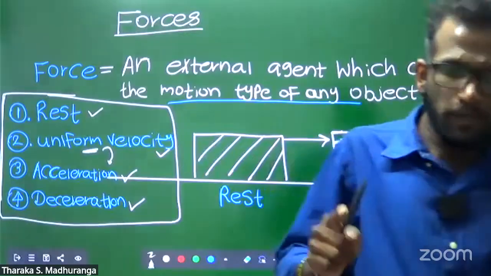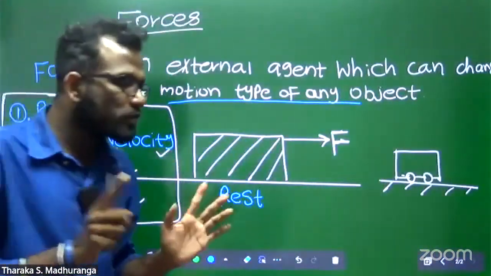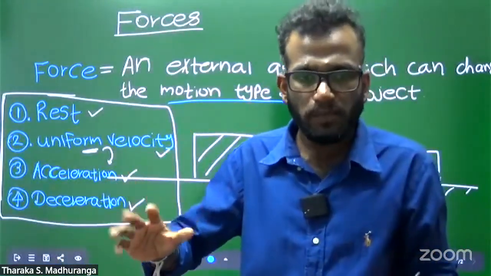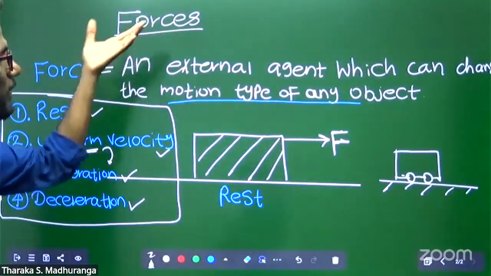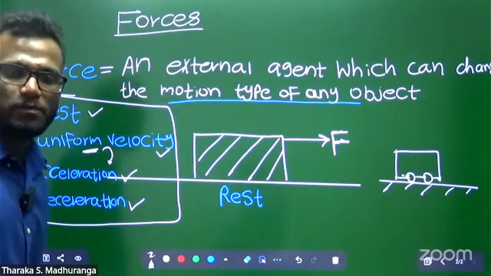Don't remember only this word, you should have proper knowledge about the meaning of these words. Then how do we identify the force? The force is an external agent which can change the motion type of any object.